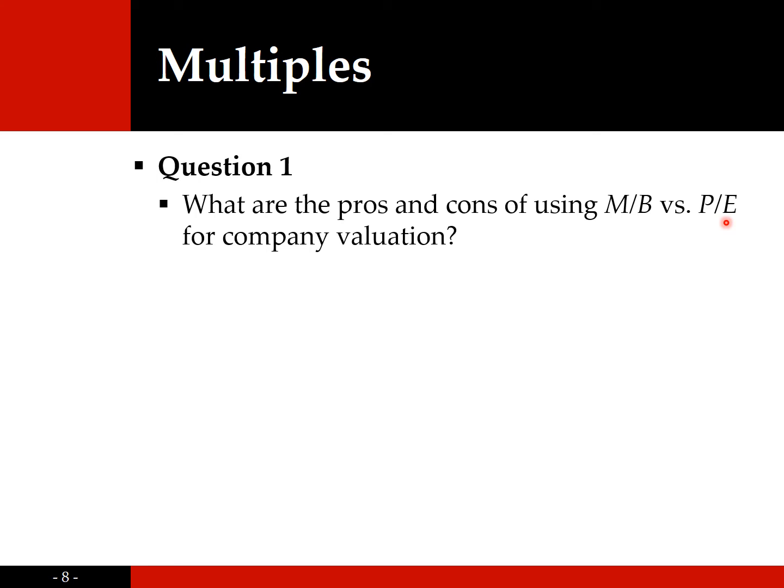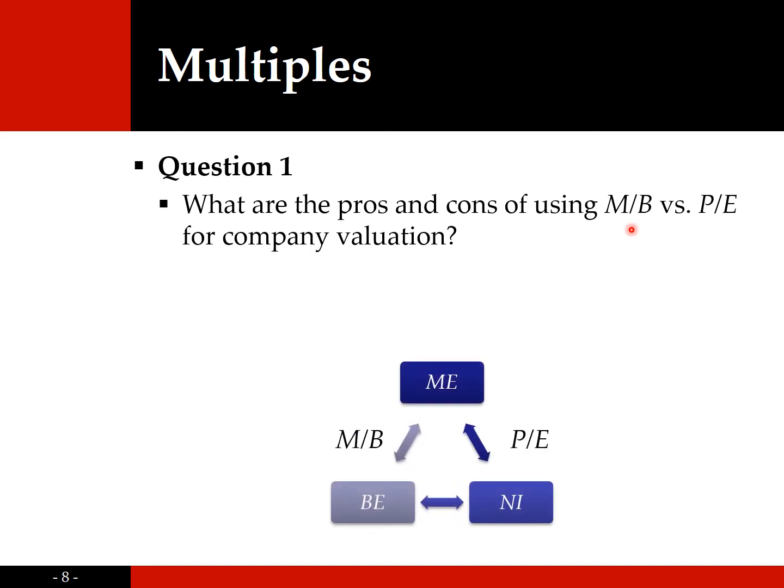In some contexts, one of these measures will be more suitable, and in other contexts, it will be the other measure. I want you to discuss the two measures, compare and contrast them, and then discuss in what contexts each of the two will be more appropriate, more suitable to value firms.